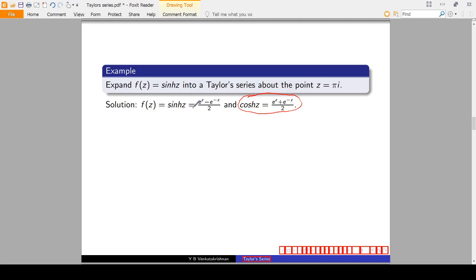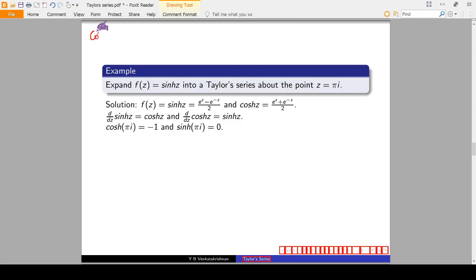So I have written the hyperbolic functions sin hz and cos hz in terms of the exponential functions. Differential of sin hz is cos hz, and differential of cos hz is sin hz. And similarly, cos h pi i is minus 1 and sin h pi i is equal to 0. This we can easily see.